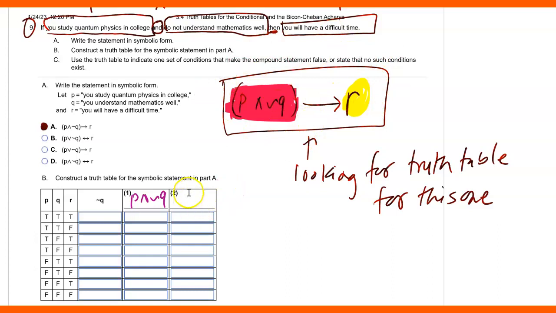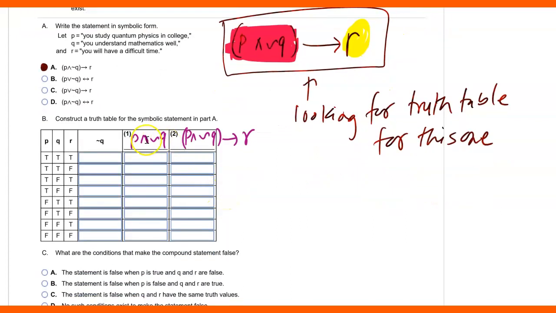Finally, since we have R, this last column must be for P and not Q, right arrow R, the whole thing. Make sure that you type this one in this box and this box in the homework. Okay, all right, let's do this column.